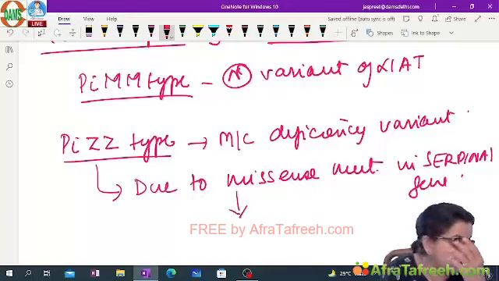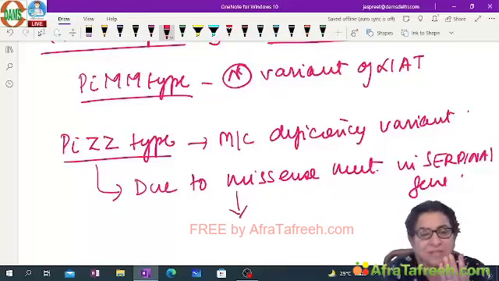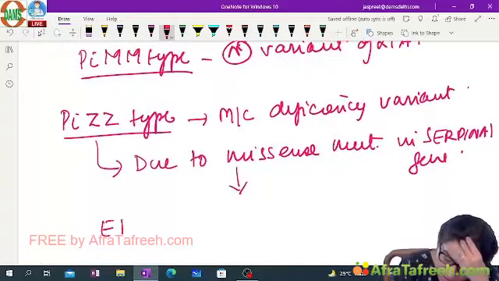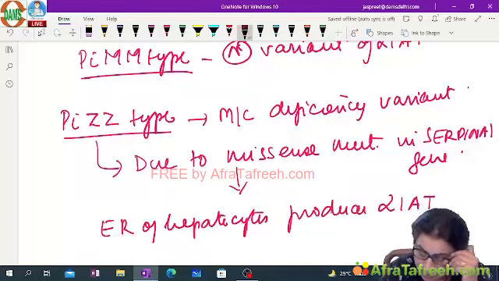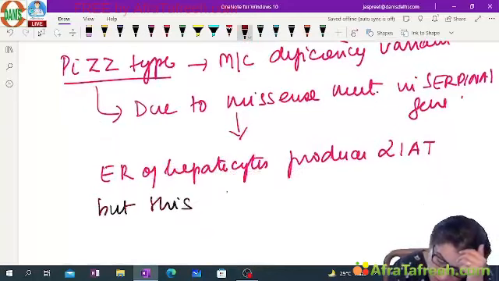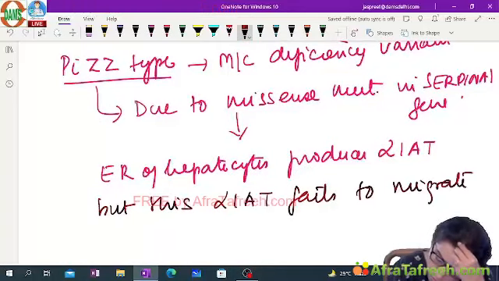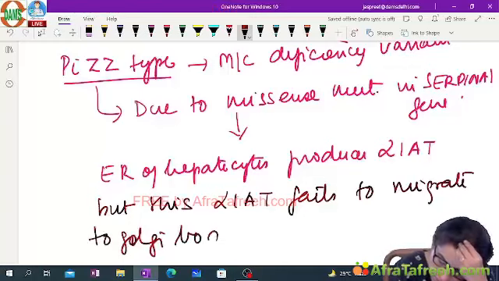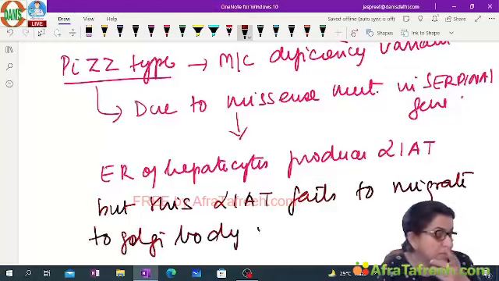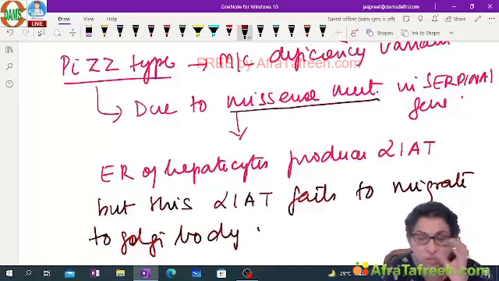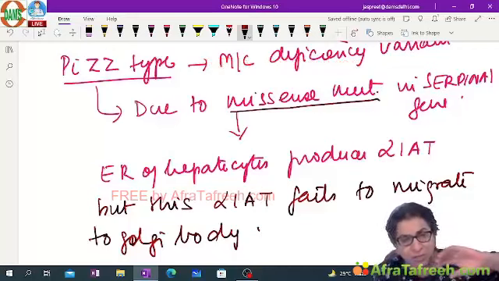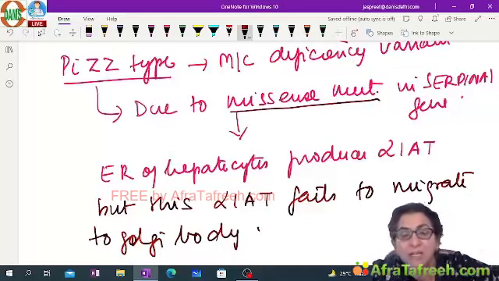Because of this missense mutation, the endoplasmic reticulum of hepatocytes does produce alpha-1 antitrypsin, but the problem is that this alpha-1 antitrypsin fails to migrate to the Golgi body.